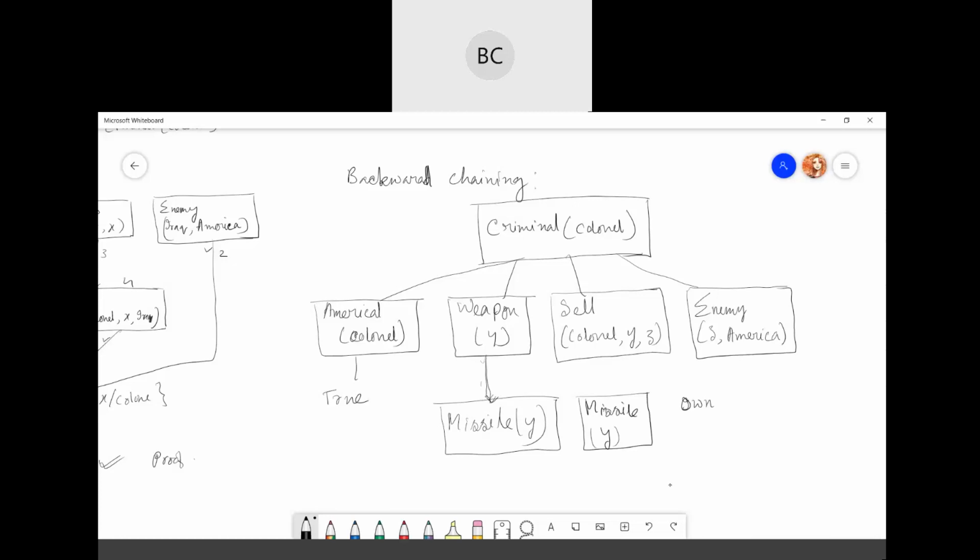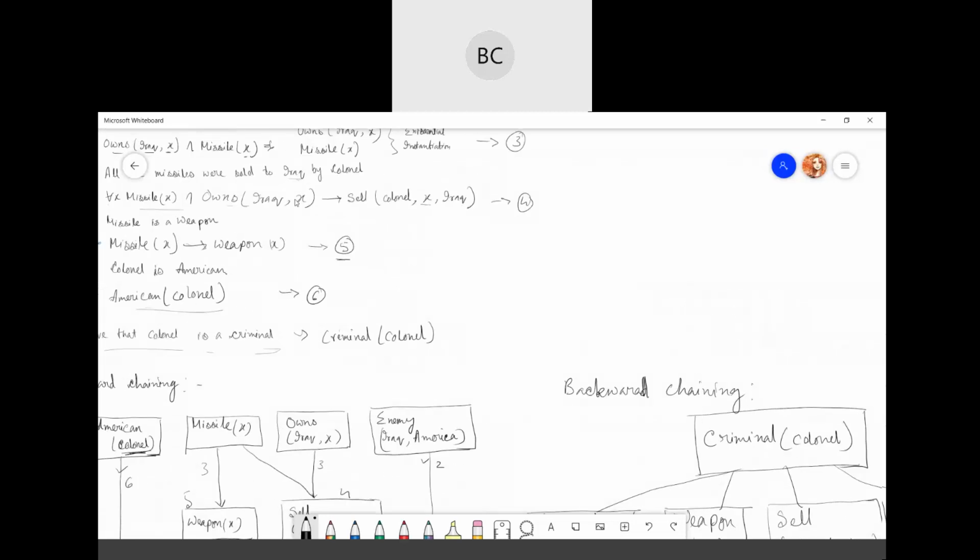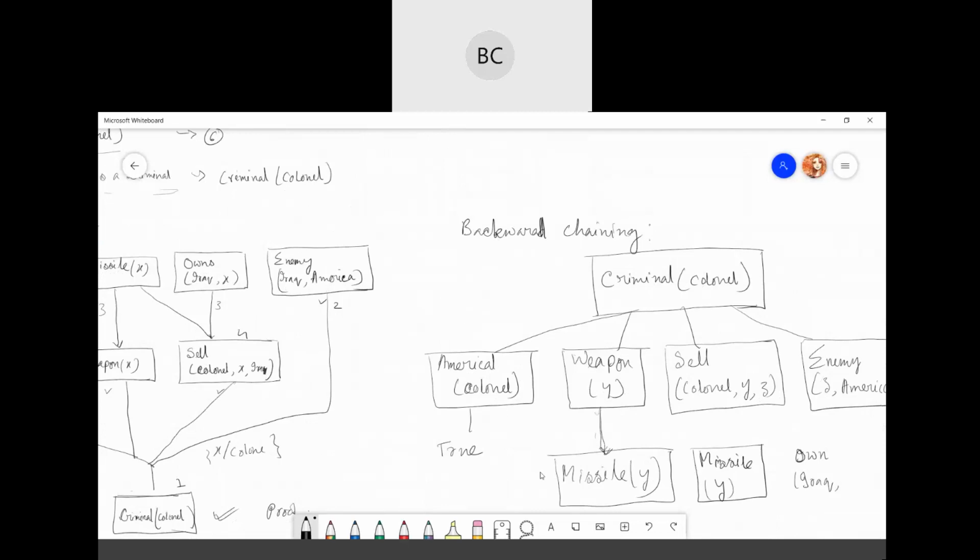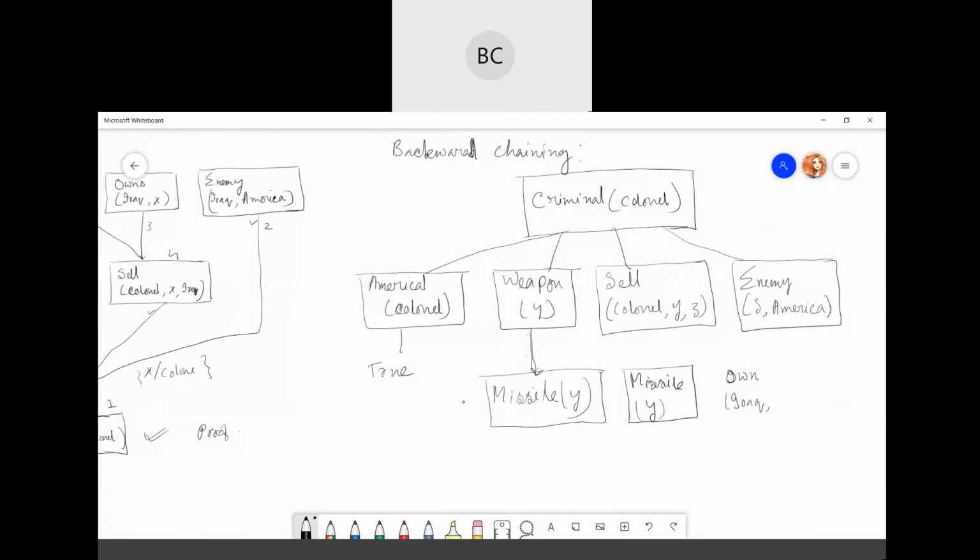Owns Iraq X. In the main fact we had X, but here in the upper part we use Y, so we will use the same variable here as well. Okay, so from this one we deduce this one and this part, right?